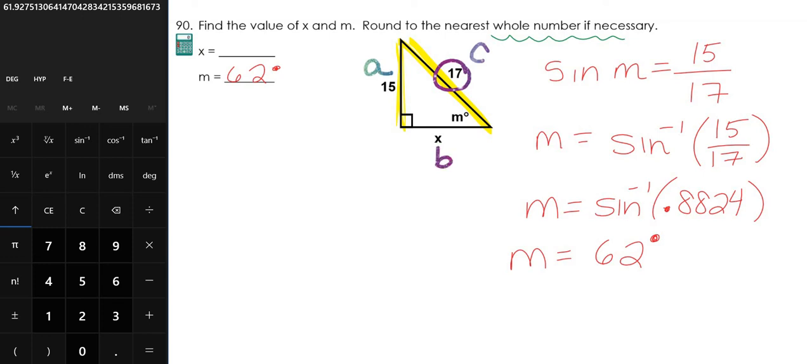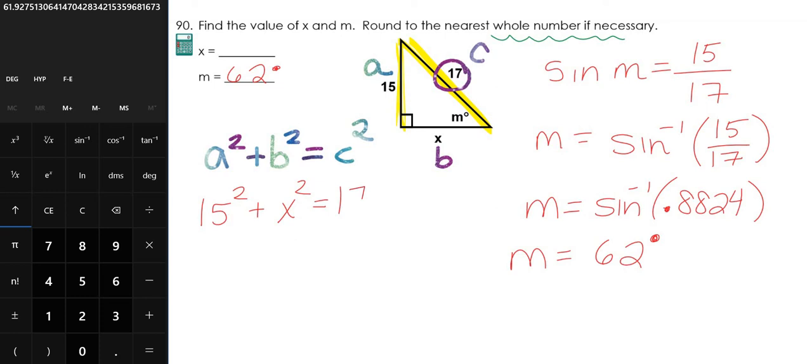So when we go ahead and plug this into a squared plus b squared equals c squared, I'm going to substitute a with 15: 15 squared plus x squared equals 17 squared. 15 squared is 225 plus x squared equals 17 squared.